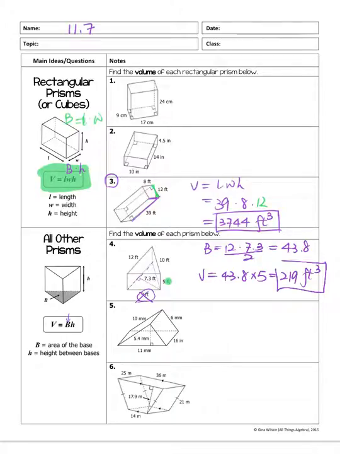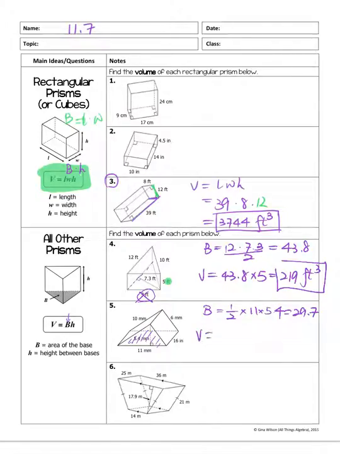Number 5 is relatively easier. You've got to calculate the base, which is the surface facing the front here. And that's simply because it's a triangle. It's half of base 11 multiplied by 5.4. And you should have 29.7 for the base.